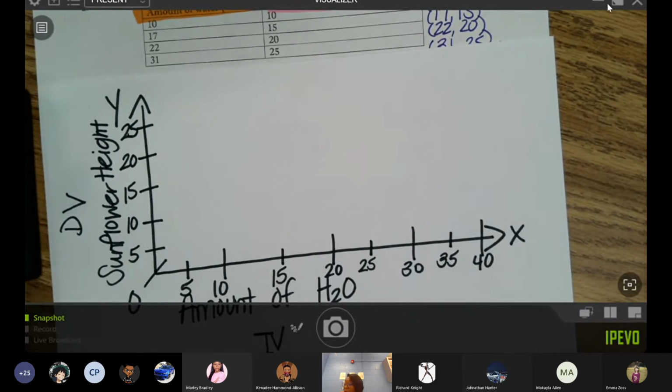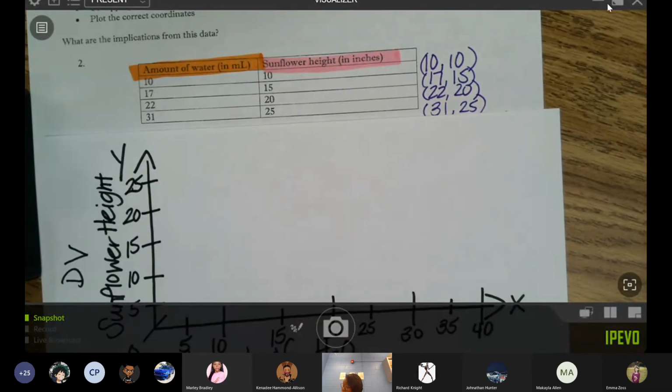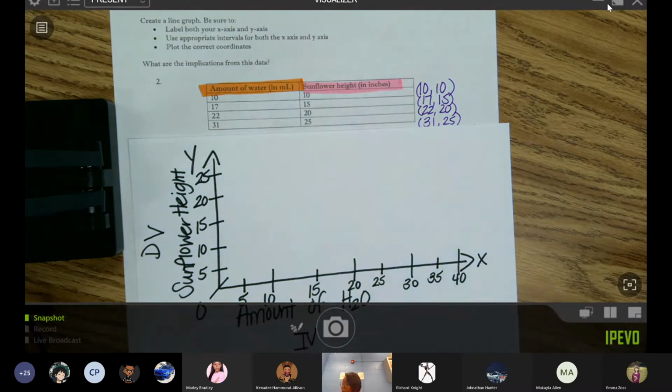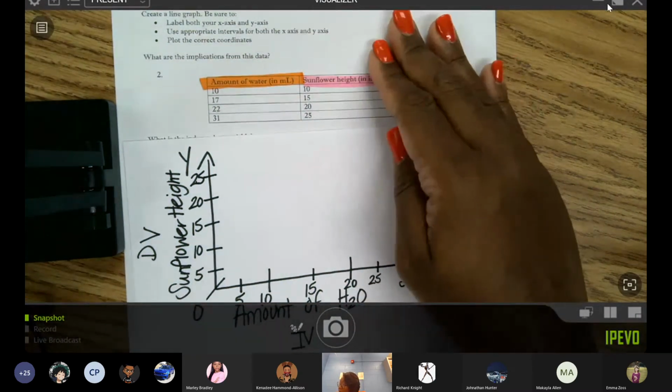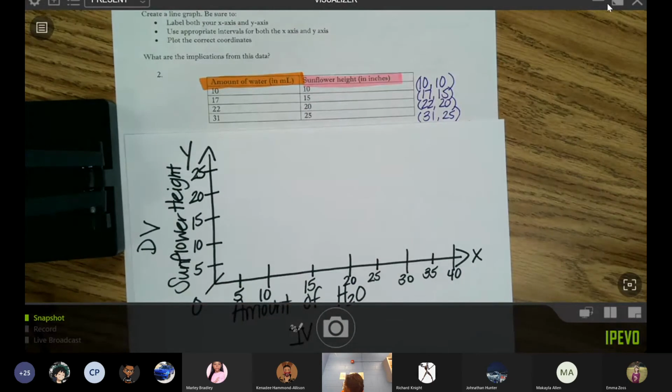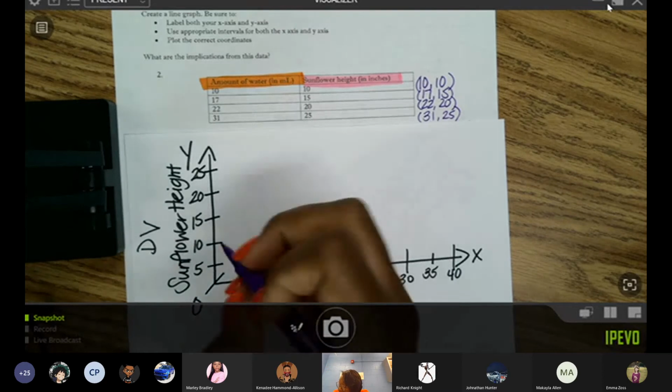And we've already done the hard work of finding our ordered pairs here. Let me put this up a little bit so we can see more of them. There we go. So let's look here. Remember, our first point is going to be 0, 0.